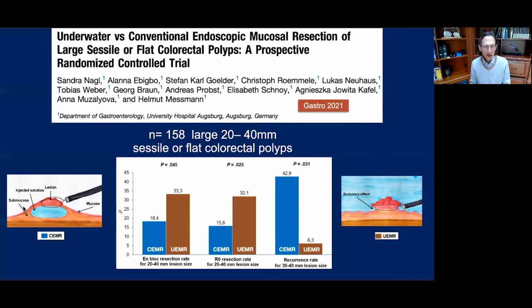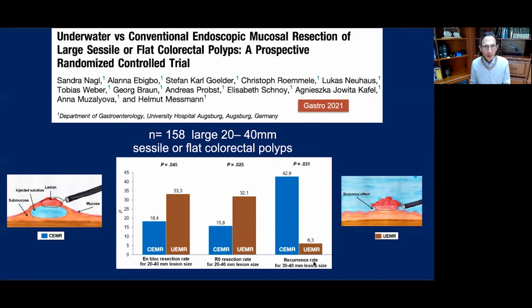You can see the submucosal injectate here. And in the maroon, the UEMR technique without submucosal injection. The en bloc resection rate for 20 to 40 millimeter lesions was significantly higher for the UEMR group compared to the conventional. The R0 resection rate for 20 to 40 millimeter lesions, significantly higher for the UEMR group.